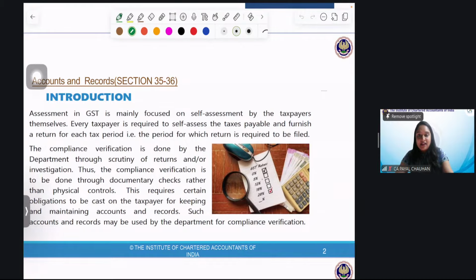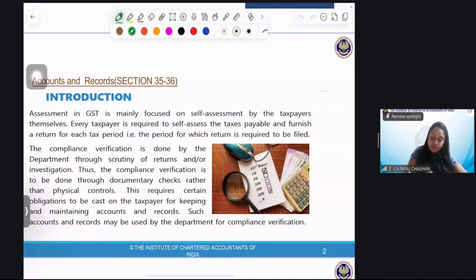Introduction. First of all, now you know how I usually take up a session. We have two sections involved in this chapter, which is section 35 and 36. I'll give you a brief introduction about both the sections so that by the time we are revising, it becomes easy to remember the sections.